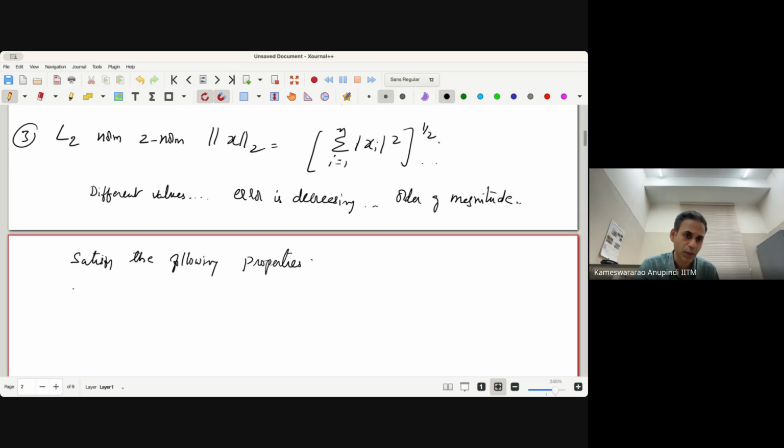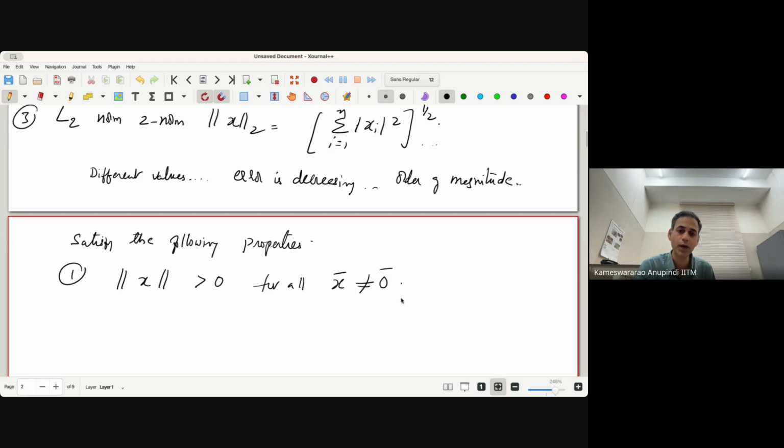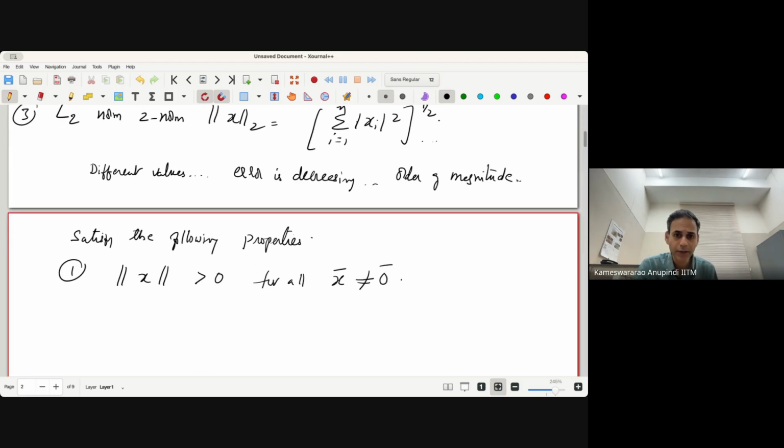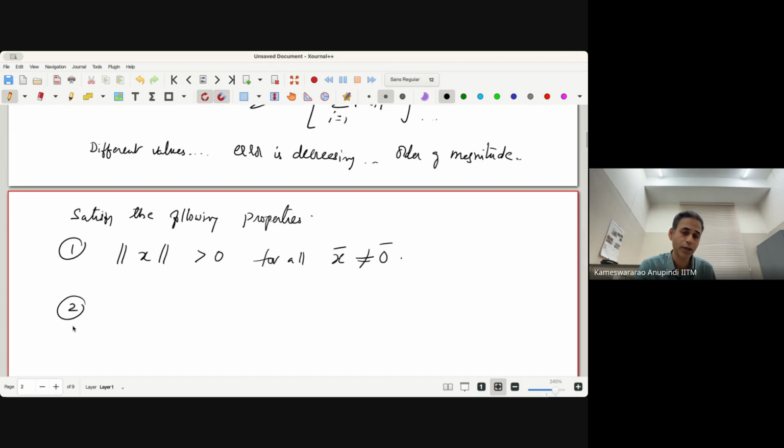What are those? The first one is that the norm of the vector is greater than 0 for all x bar that is not equal to 0 bar. That means if you have a vector that is not a null vector, then the norm of that should always be greater than 0.